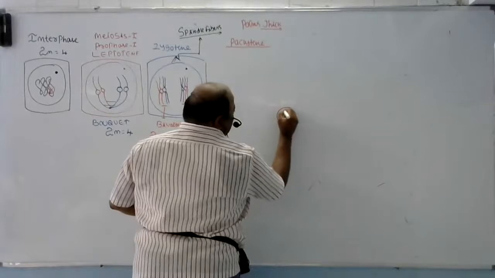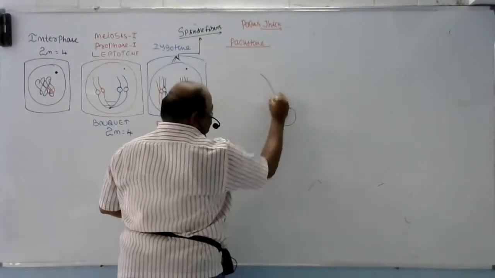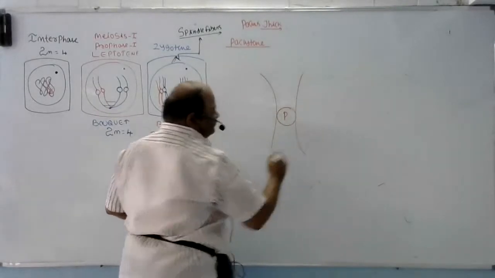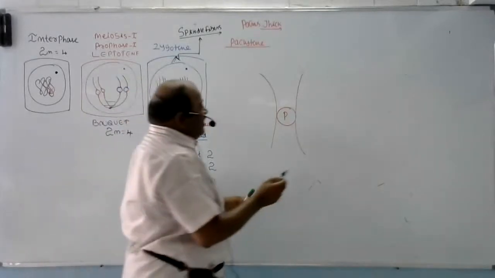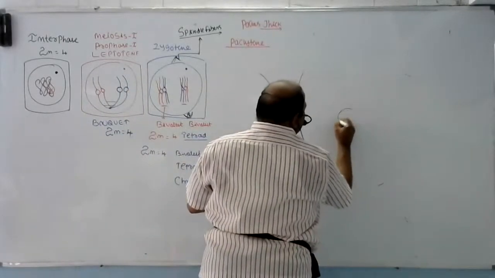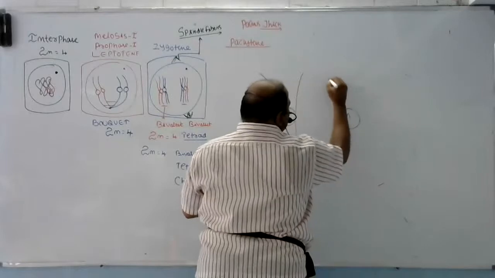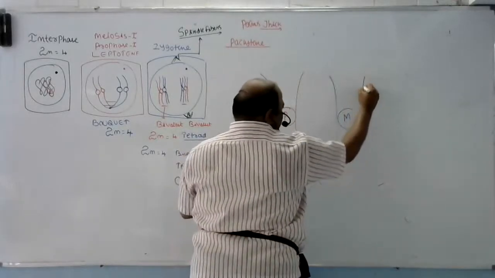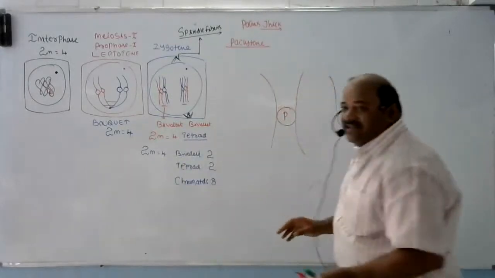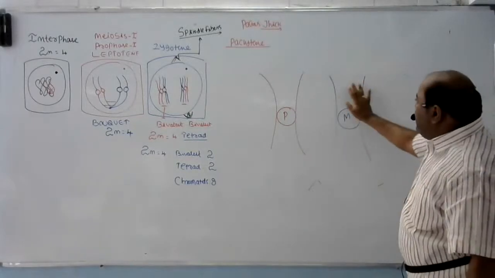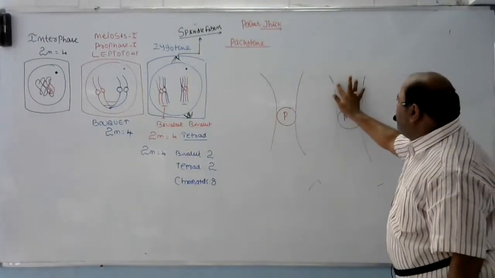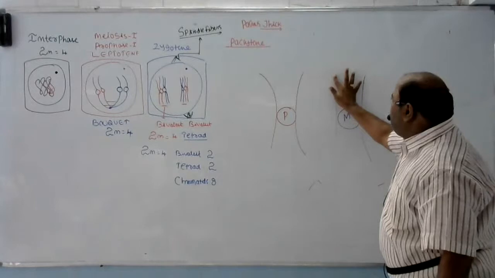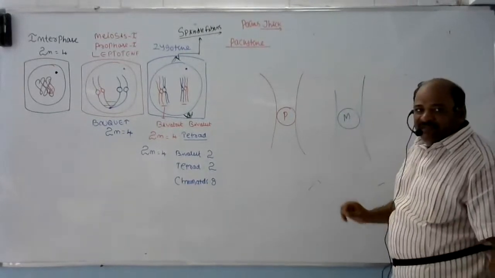So this is the paternal chromosome. This is the maternal chromosome. Listen carefully. Observe the diagram. A portion of the maternal chromosome is cut.